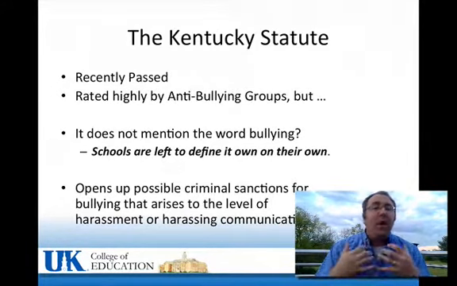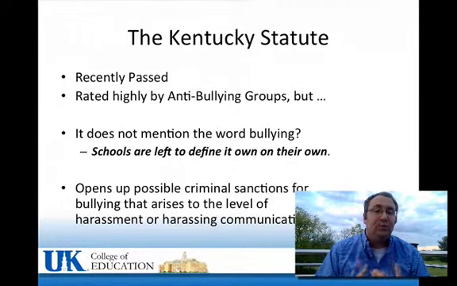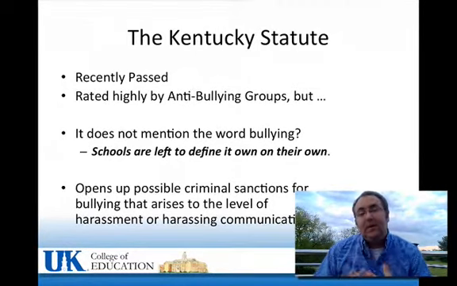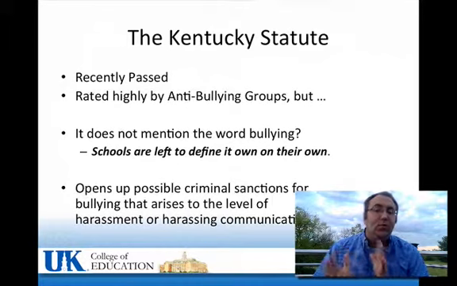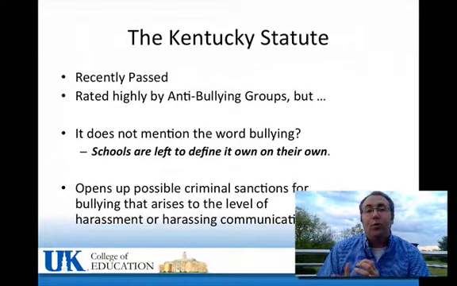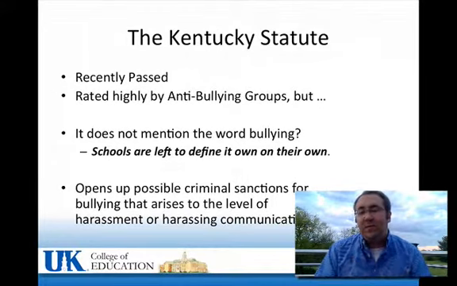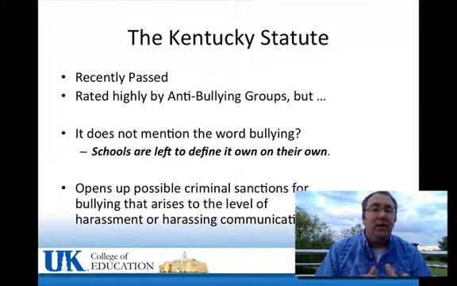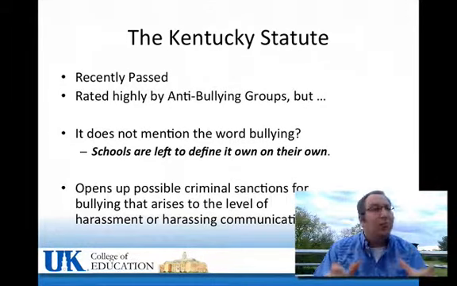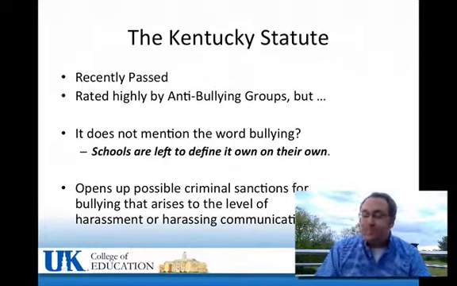Now, all this does is require school districts to develop policies. So we're going to rely on school policy in this instance more than state law. Where students have not been successful is bringing bullying lawsuits against schools or school officials, that they saw bullying and didn't do anything about it.